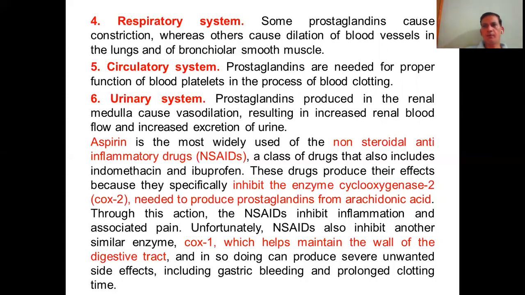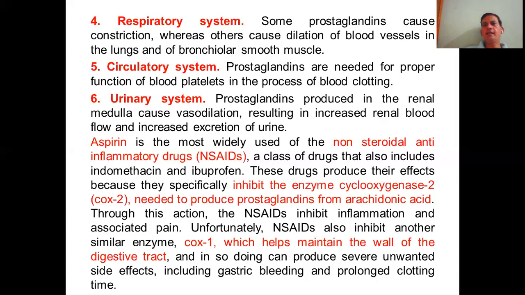However, there are problems with aspirin and NSAIDs. They don't only inhibit COX2, they also inhibit COX1. COX1 helps maintain the wall of the digestive tract. So if somebody is taking excess aspirin, indigestion will be there.